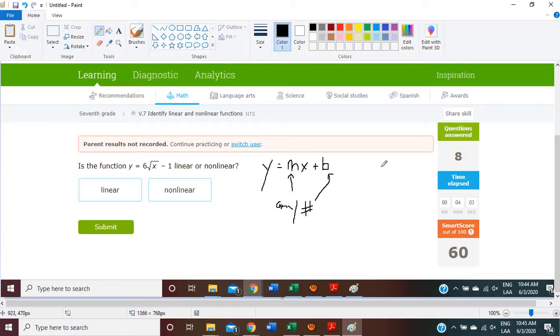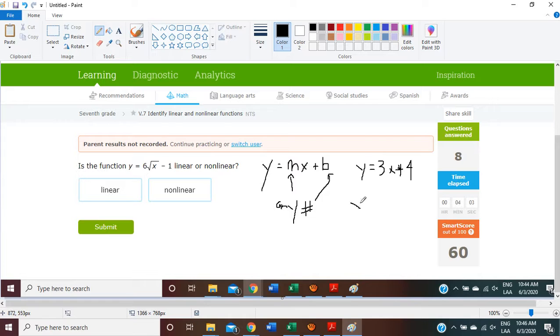Okay, so an example of this will be something like y equals 3x plus 4. Okay, this is a plus. Okay, plus 4. This is an example.